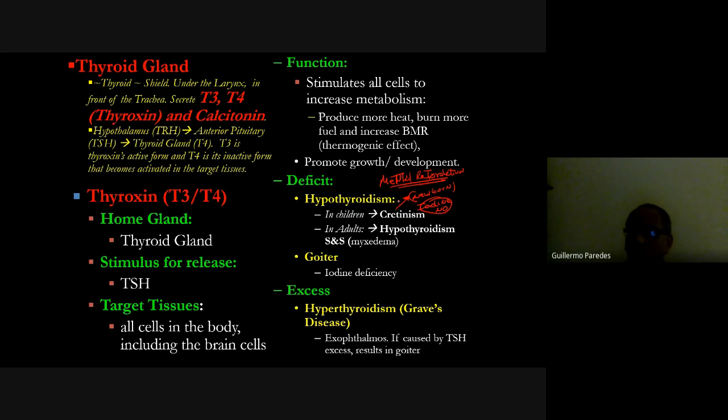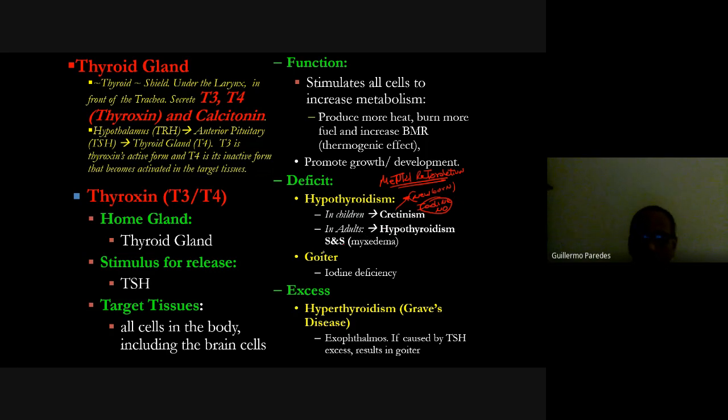It cannot recover from that. At the maximum, maybe 99.9%, but it's never going to be as it was supposed to be, normal. You okay with that? That is called cretinism.